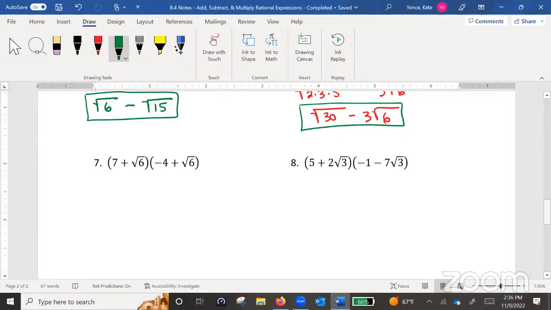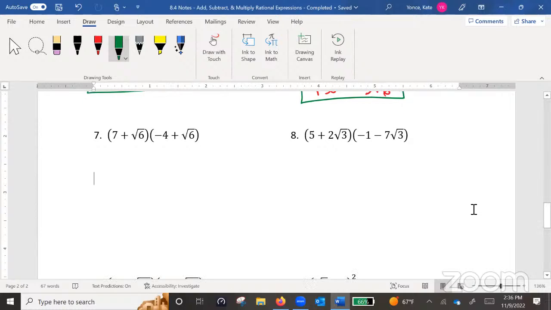What do you think about number 7? Okay, FOIL. So go ahead and FOIL, try that.